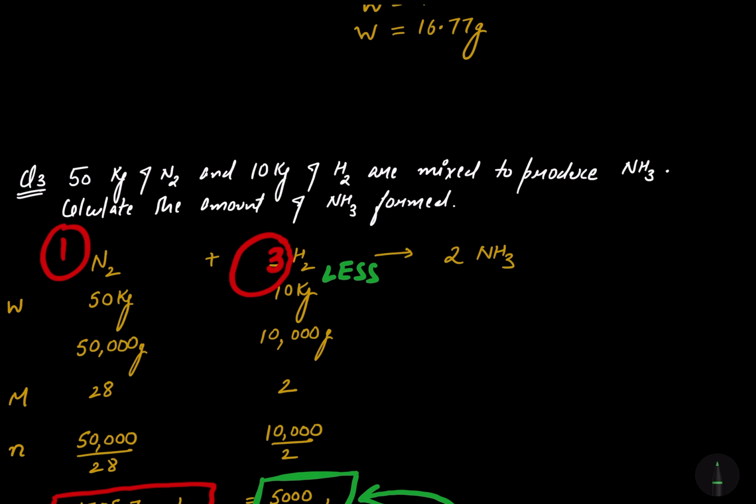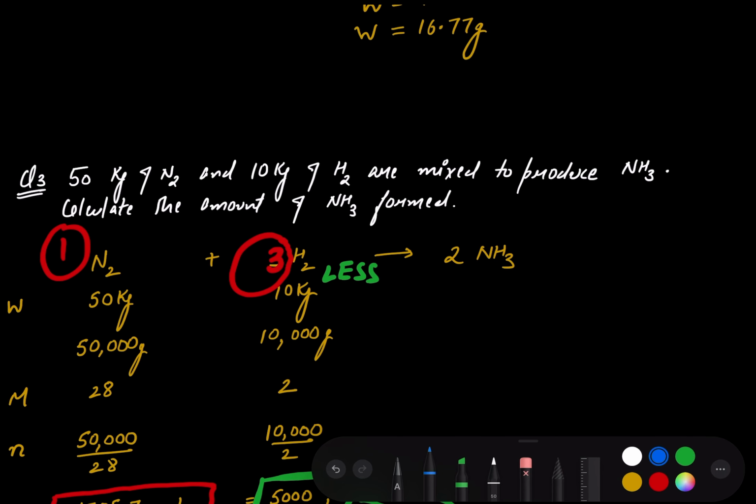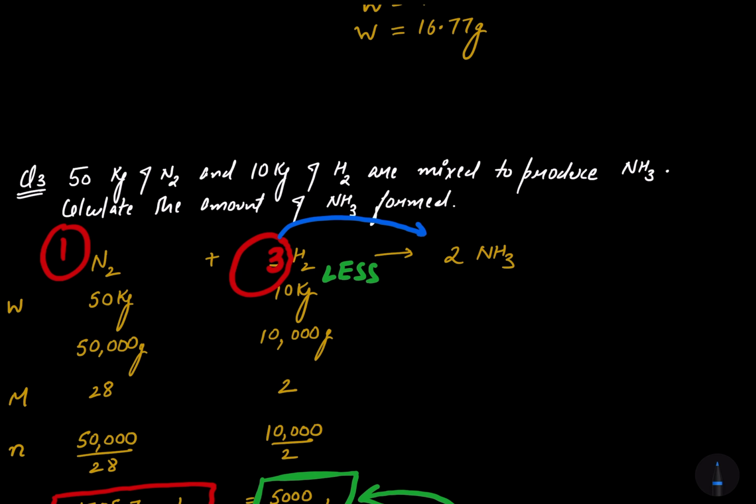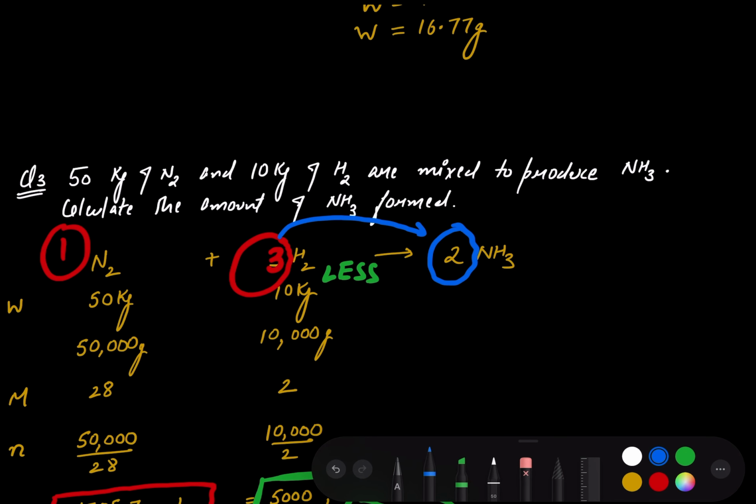My H2 is the limiting reactant, so with respect to H2 I will evaluate the quantity of NH3 that will be formed. You can see that 3 moles of H2 will produce 2 moles of NH3, and I'm going to use this relation to find the amount of NH3 that has been formed.